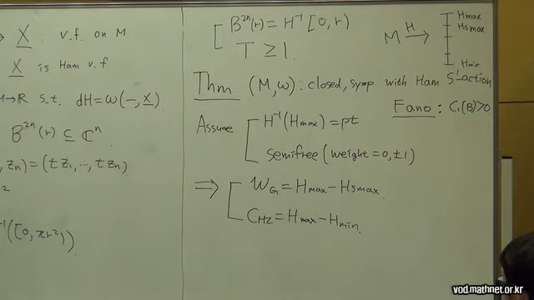Maybe not. I'm not sure. When you modify your Hamiltonian, you change the distance between the minimum and second minimum, or maximum and second maximum, but the Gromov width doesn't change because it's independent of the Hamiltonian. Yeah, right. This is bizarre.